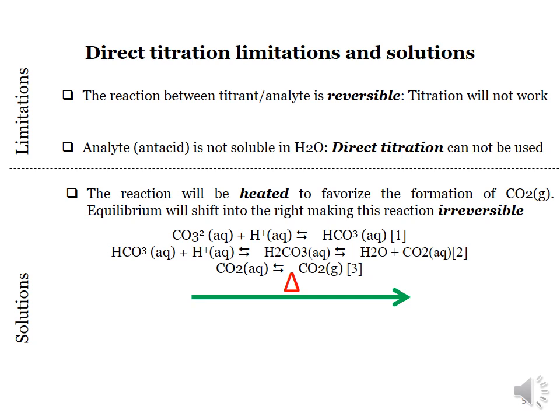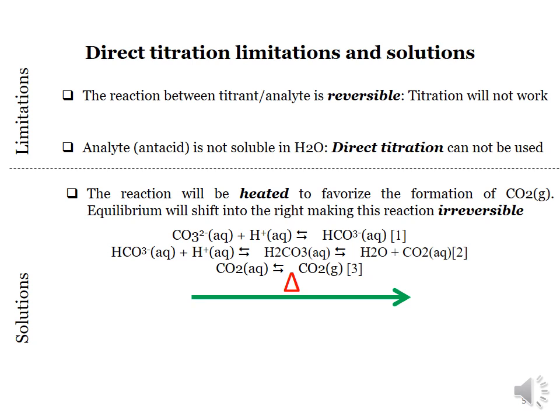So CO2 in the aqueous phase will make more CO2 in the gas form, and this will shift the equilibrium. The carbonic acid will make more carbon dioxide, and the bicarbonate will make more carbonic acid, and so on. So now we fixed the problem of reversibility of the reaction.